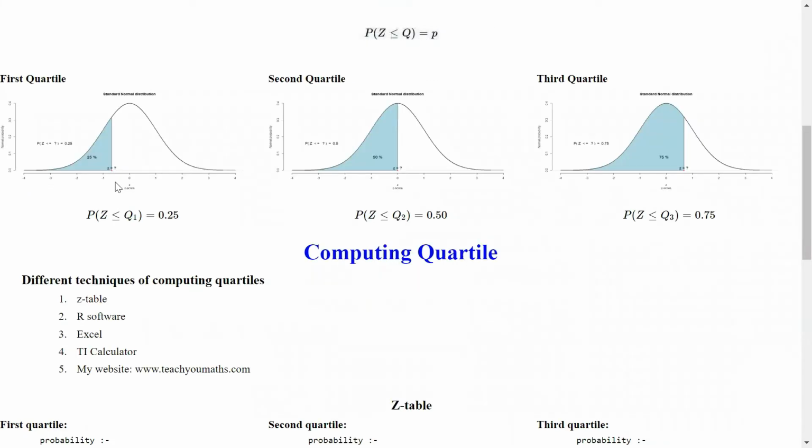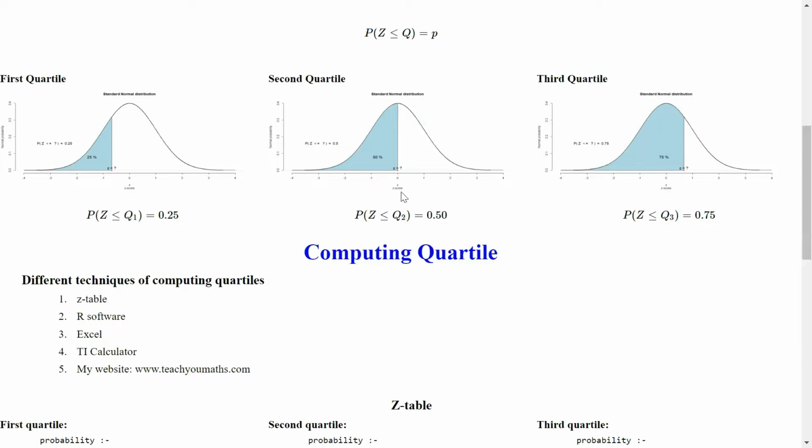By definition, these quartiles Q1, Q2, and Q3 locate the positions on the horizontal axis that has the share of 25%, 50%, and 75% on the left side of the curve respectively. That is area under the normal curve or the probability.